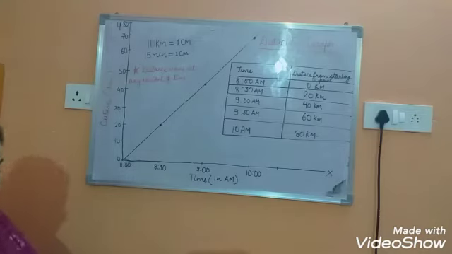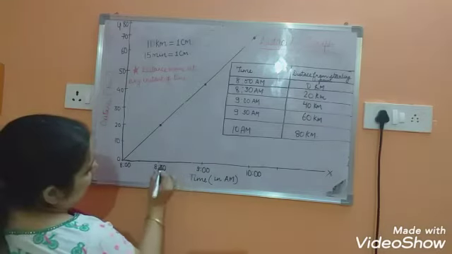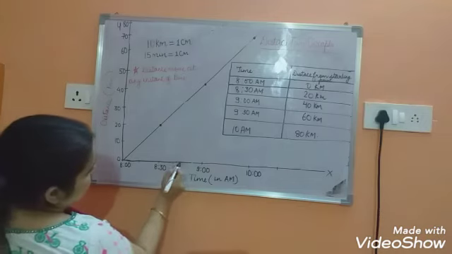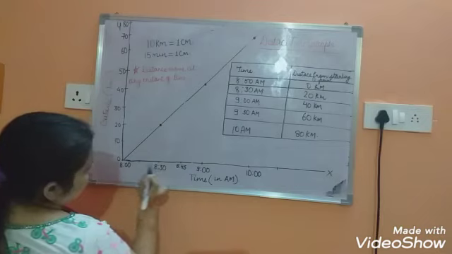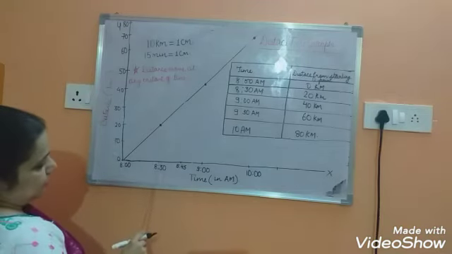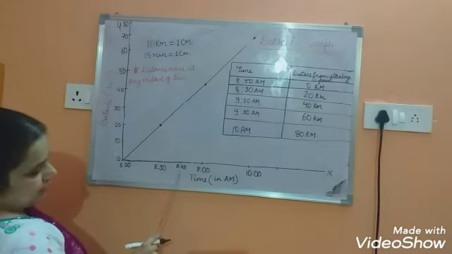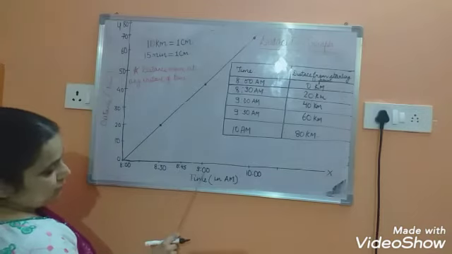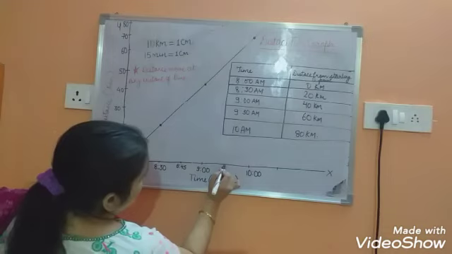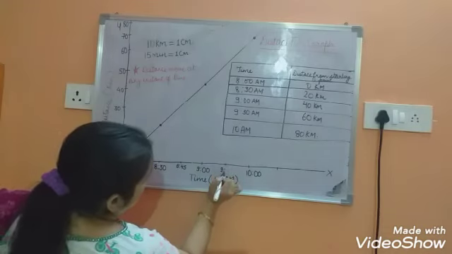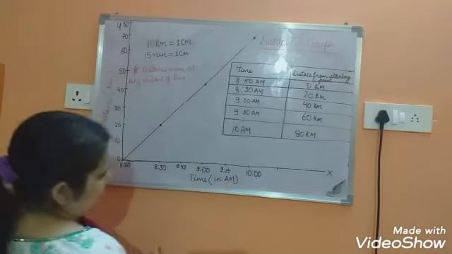In the same way, from 8:30 to 9. This is 8:45. So 8:30 to 8:45, 1 centimeter. 8:45 to 9, 1 centimeter. 9 to 9:15, 1 centimeter.